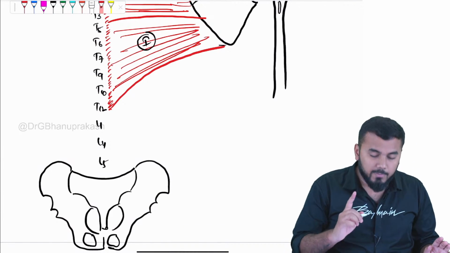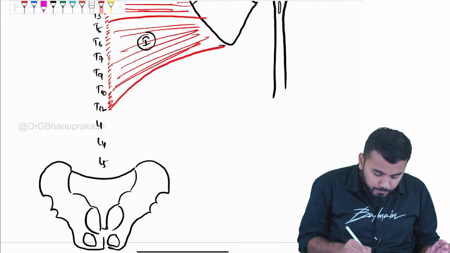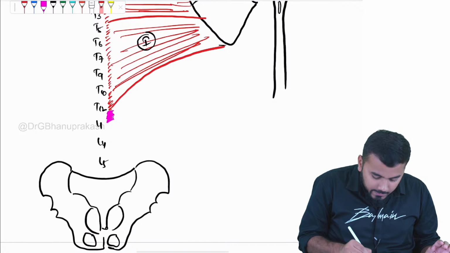Look here. This muscle originates from T12. From T12 it is starting, coming all the way down till L4, L5, right?